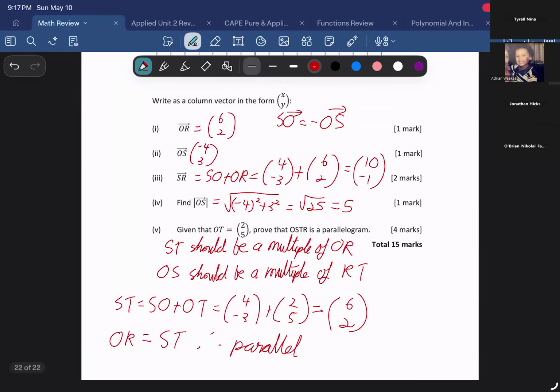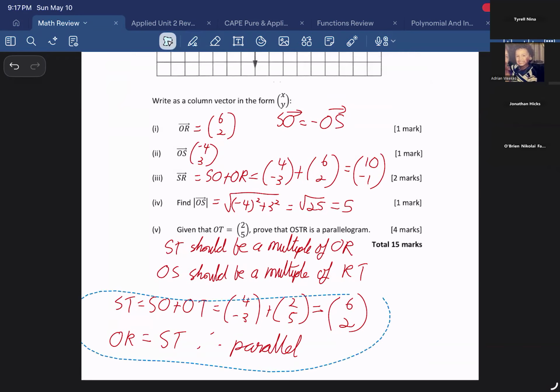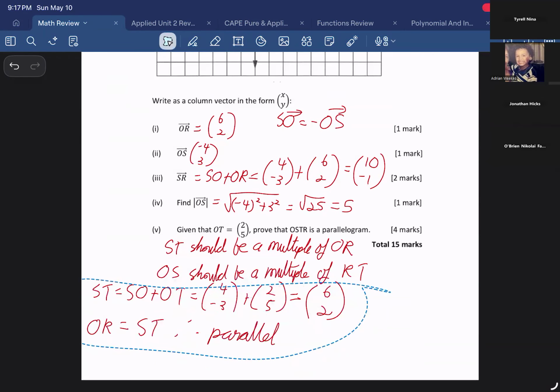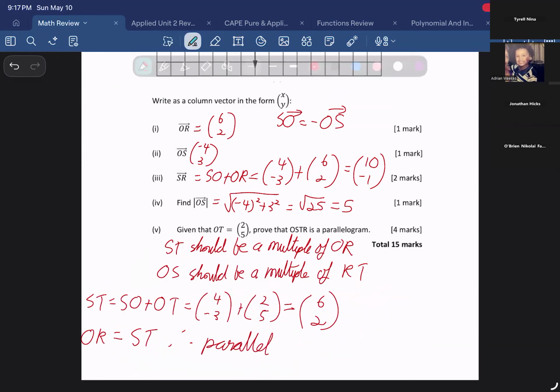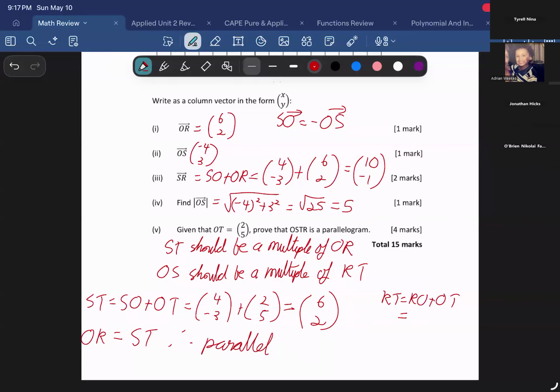Or if we did RT, RT is RO plus OT, which is (minus 6, minus 2) plus (2, 5), which is (minus 4, 3). So RT is equal to OS, therefore parallel. So you see one is a multiple of the other.